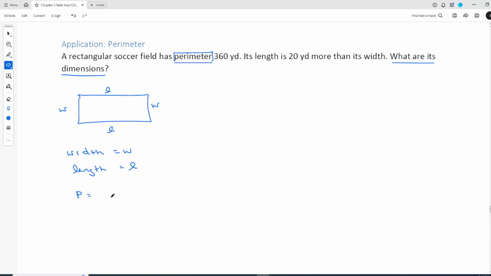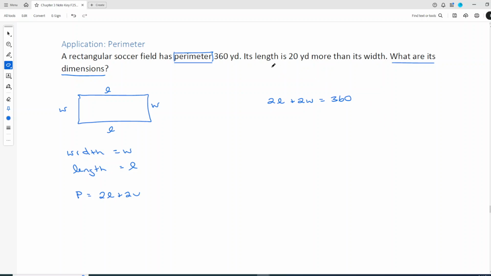You can look on your formula sheet, first page, or know that perimeter is the distance around a shape. So in this shape, you have 2 lengths and 2 widths. That is the perimeter of this shape. So my first equation is going to be that 2L plus 2W is equal to 360. You don't include units in your equations.